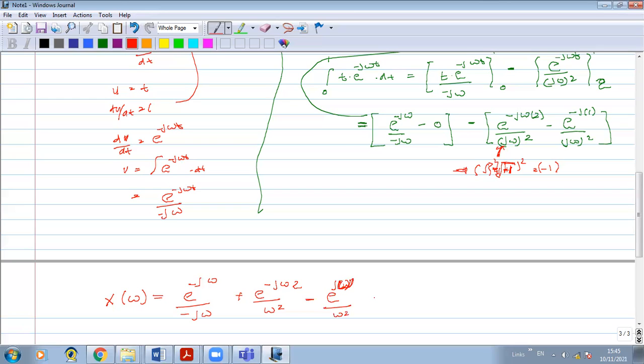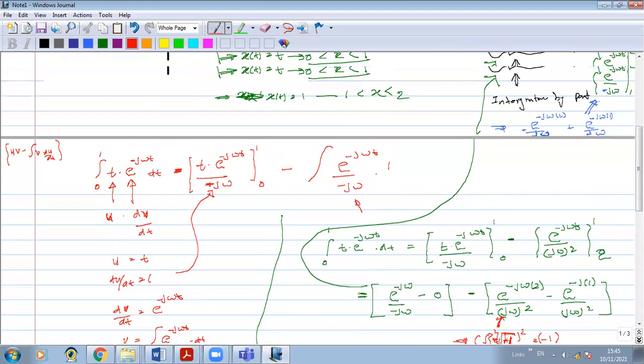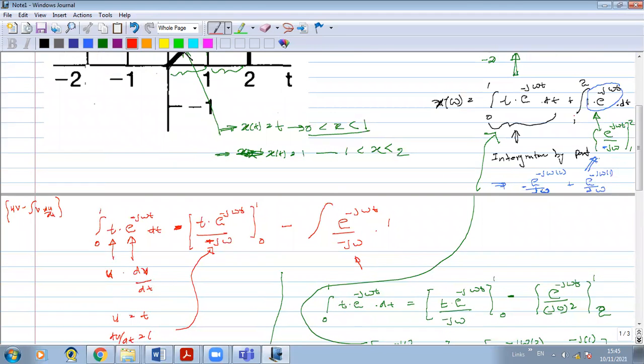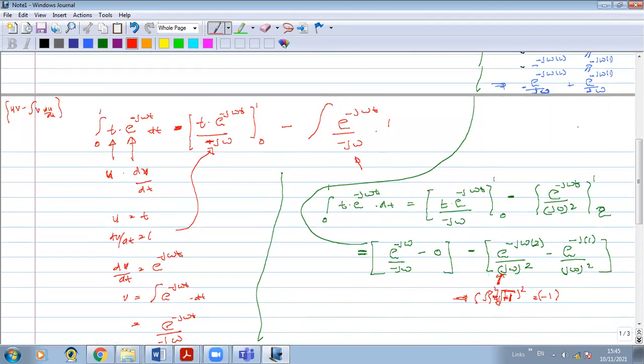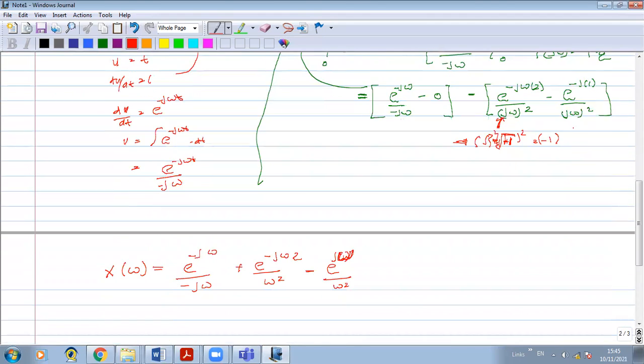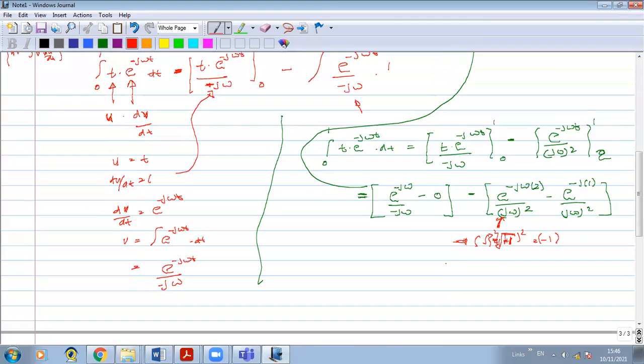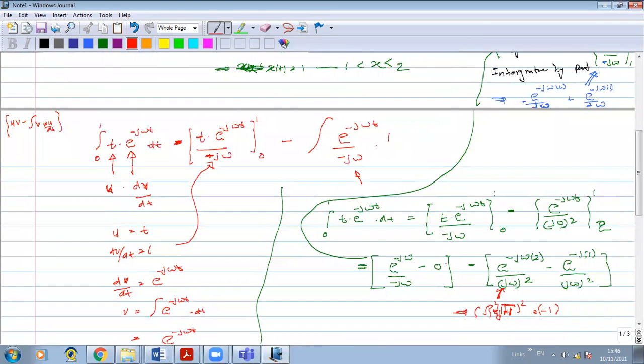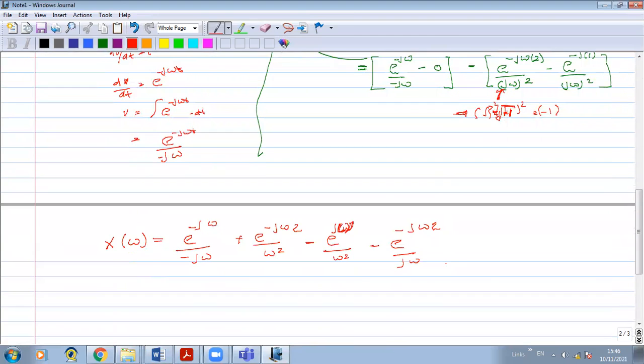And other two terms for this integration: we have e to the power j omega 2, minus e to the power j omega 2 by j omega, and plus e to the power minus j omega 1 over omega.